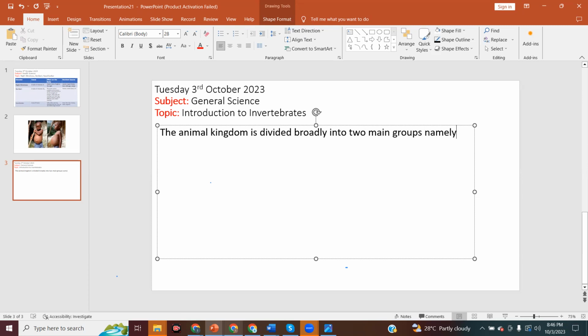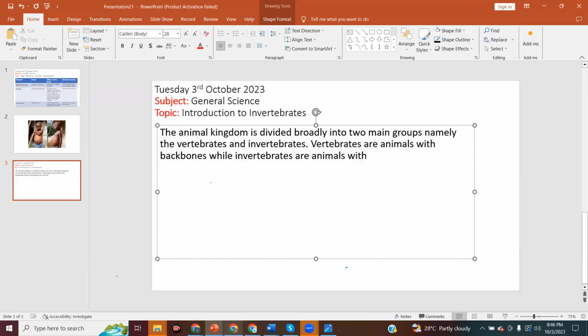Namely, the vertebrates and invertebrates. Vertebrates are animals with a backbone, while invertebrates are animals without a backbone.